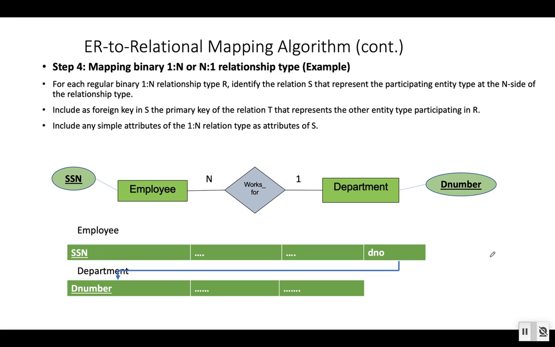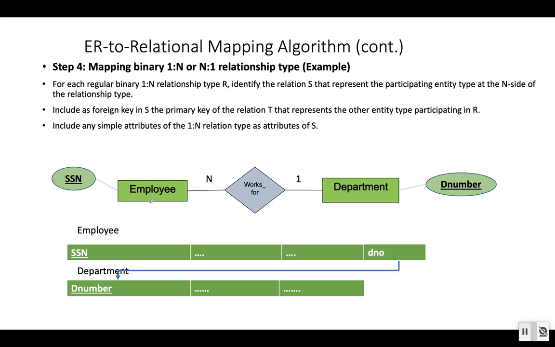Let's see an example. In our company database we have the employee entity and the department entity. Employee and department have a relationship works for. We know that in one department we can have multiple employees, but each employee is going to work in only one department. So that's the n to 1 relationship.